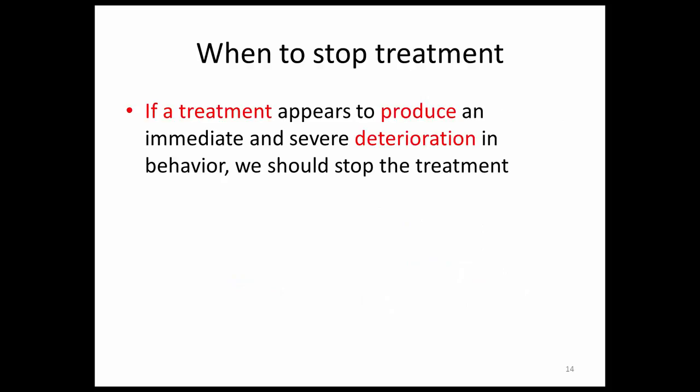And also in some situations when you start your treatment and you see the treatment appears to produce an immediate and severe deterioration in behavior, so it's actually harming the behavior or harming the participant, again you have to stop it as soon as possible.